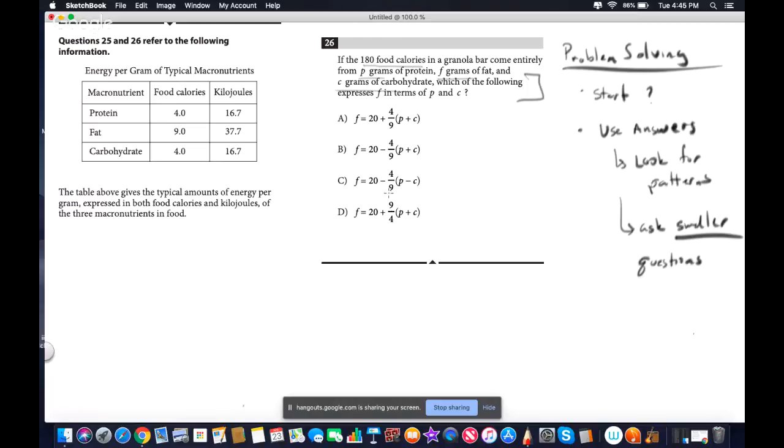Okay, so now I'm seeing some similarities, 20s in every single answer. We have this parentheses P plus or minus C, right? And 3 of them say P plus C, which is an indication that probably, not just because there's 3 out of 4, but also because correct answers are going to have very closely related incorrect answers, the likelihood that one of these is A, B, or D is actually stronger than 75%.